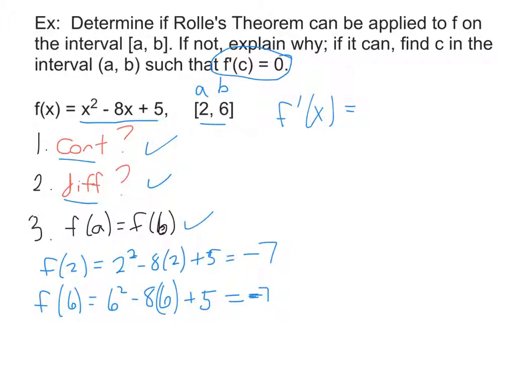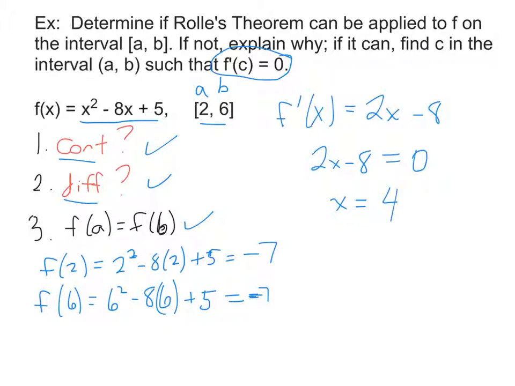So the derivative of f of x is going to be 2x minus 8. Yes. So somewhere in between 2 and 6, this 2x minus 8 is going to have a horizontal tangent. Since this is the first derivative, we know we're going to have a 0. It's going to be 0 for the slope of that horizontal tangent line. Solving this for x would give us 4.